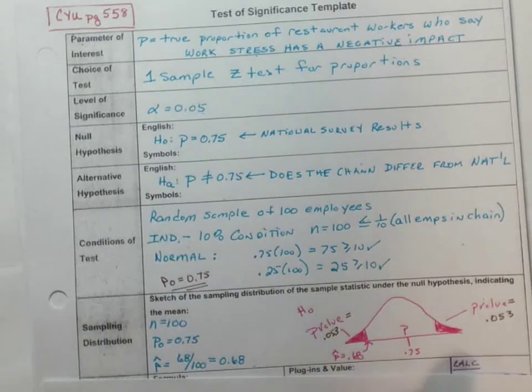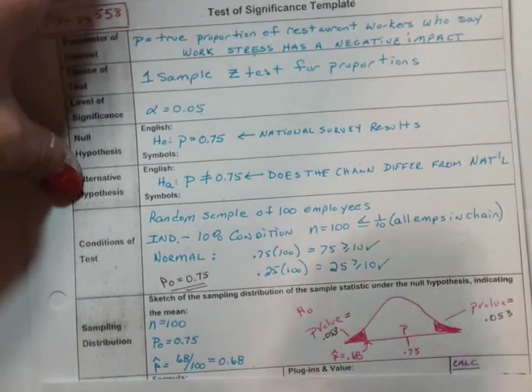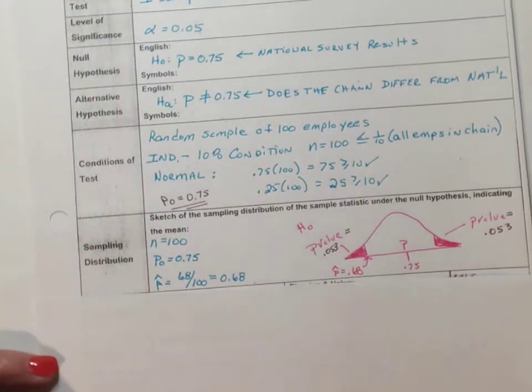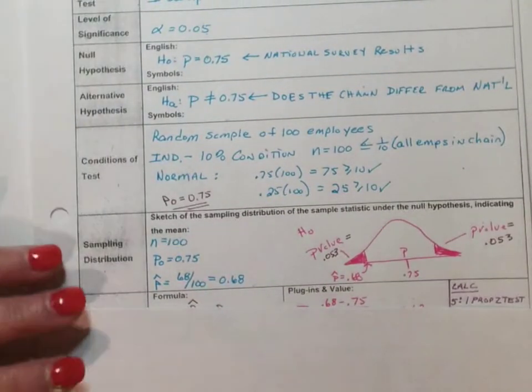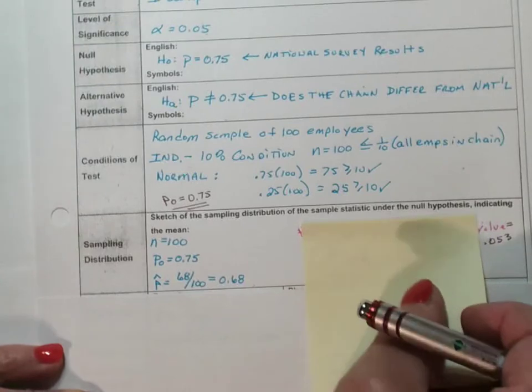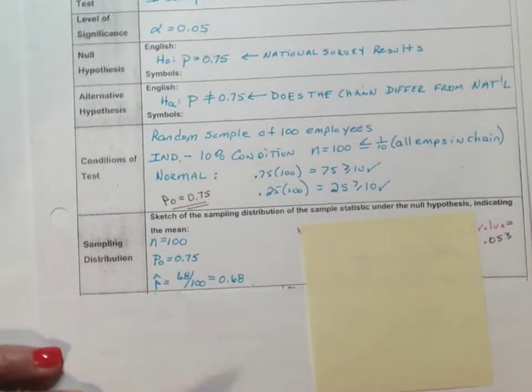We have a sample of 100. p0 is equal to 0.75. p hat is 0.68. Now I'd like you to pause this video and see if you can finish this problem before I go on.